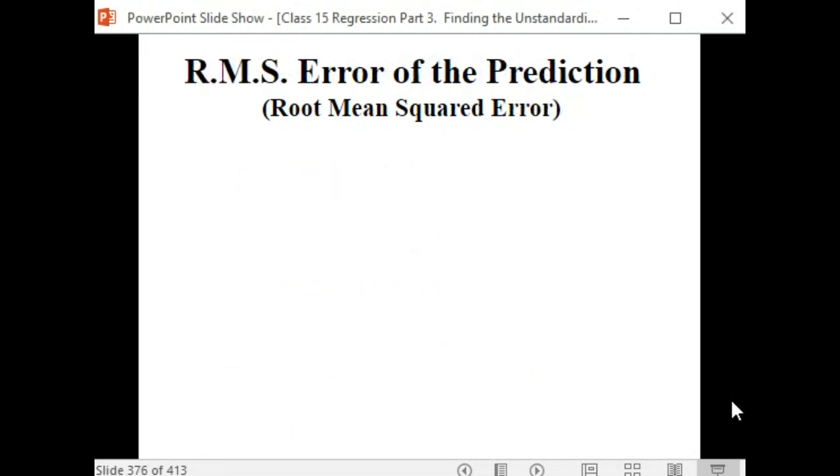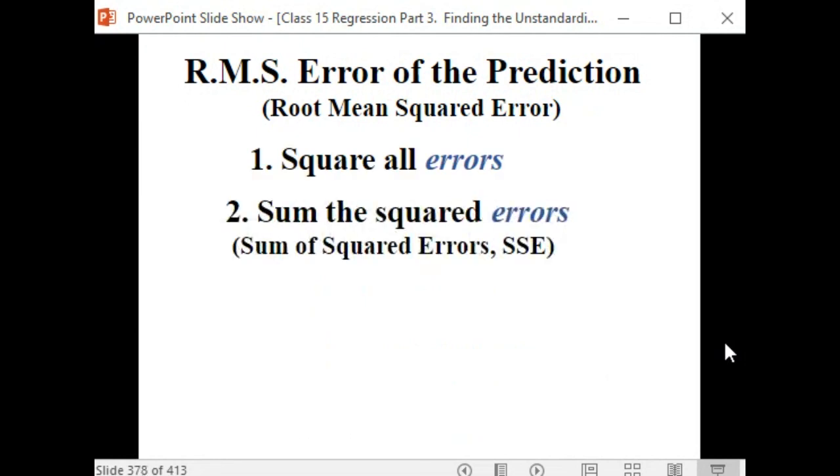Now we can follow exactly the same procedure using prediction errors instead of deviations. And the result is the root mean squared error of the prediction, or the RMS error for short. First, we square all the errors. Second, we sum the squared errors.